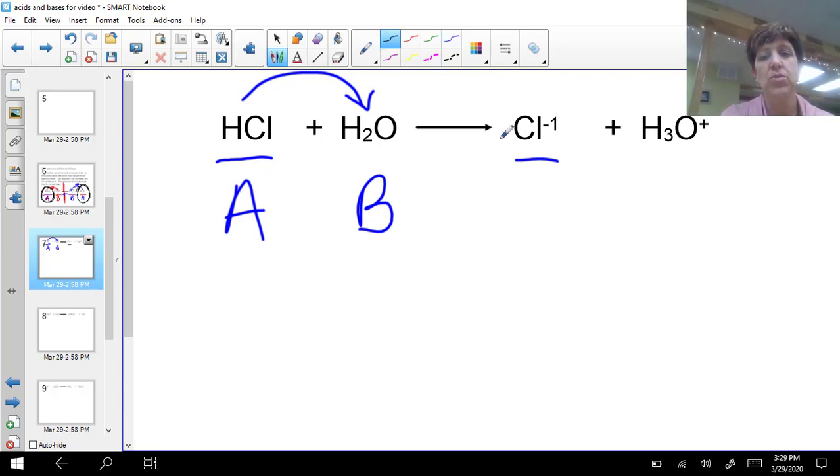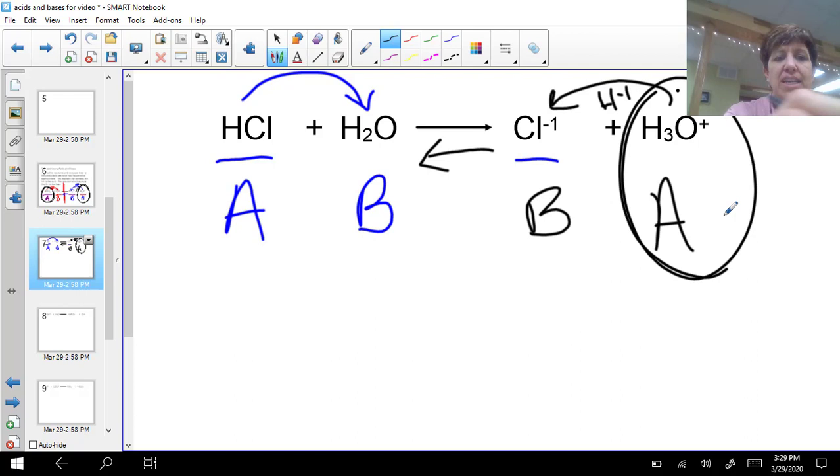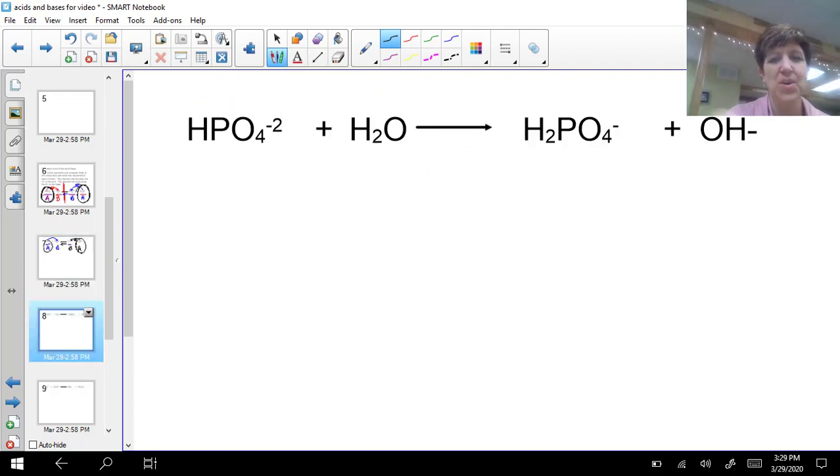Now if I do the reverse reaction, the H3O minus gives the H plus to the Cl. Since it was giving it, it's the acid, and since it was gaining it, it's the base. So my acids are HCl and H3O minus. There's my two acids.